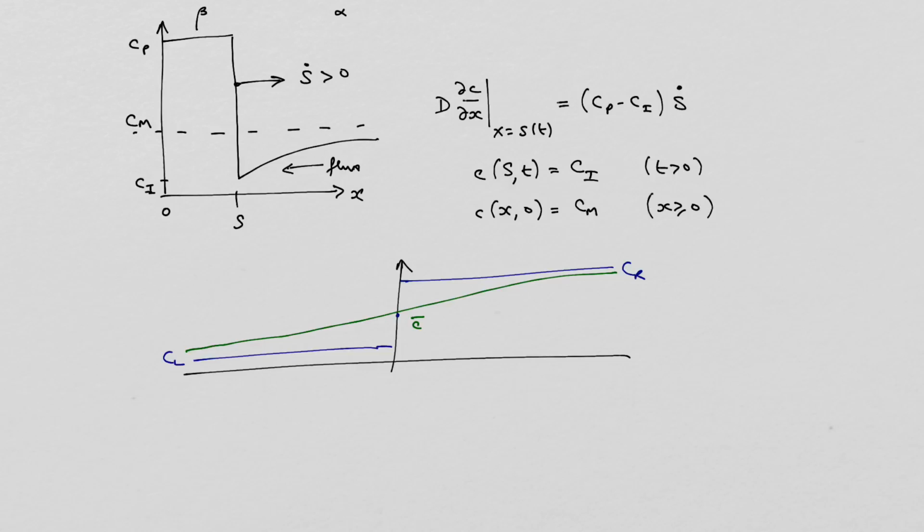So if we're looking for a solution that satisfies the boundary condition, let me just write out what this solution is. This was C of x and t. It was the average times the difference.